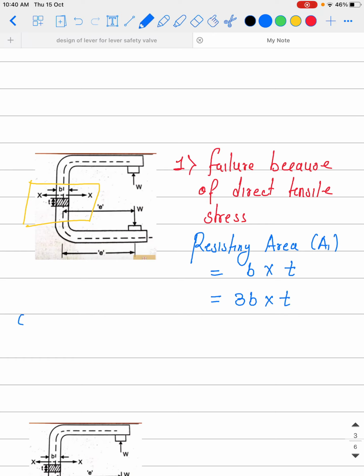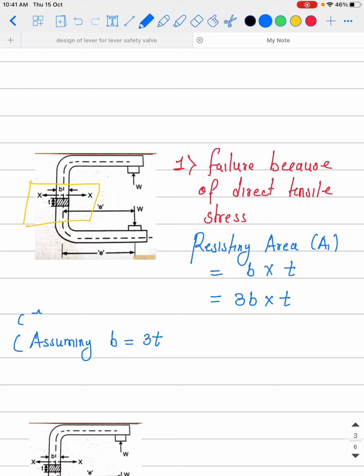Assuming B is equal to 3T. If the relation between the thickness and the width is not given, you may assume that the width is equal to thrice the thickness. Otherwise, many times in a problem, this relation between the thickness and the width is given.